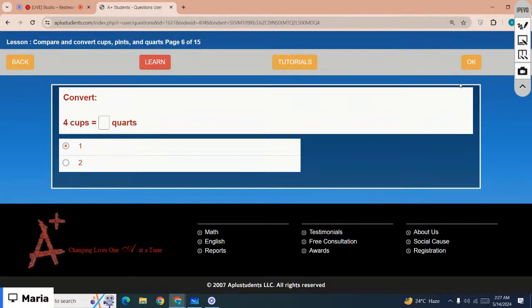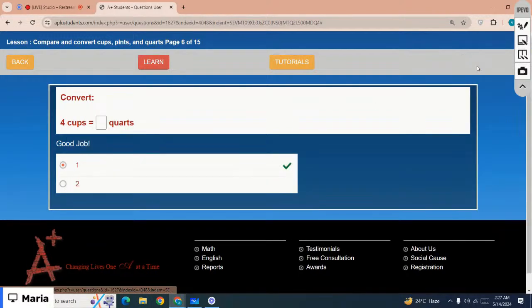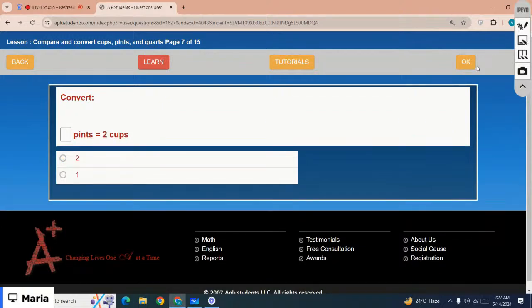The correct option is 1 pot. 2 cups equal how many pints?